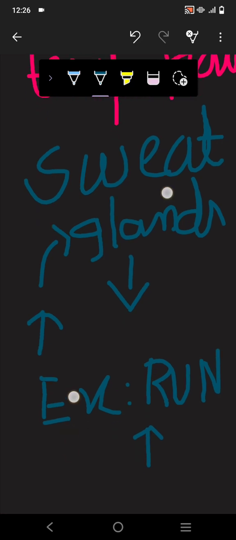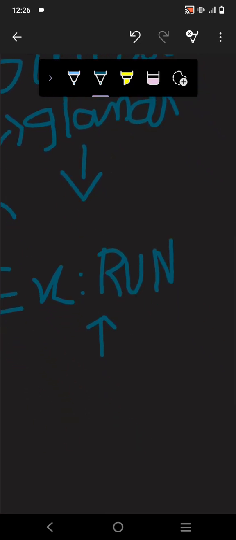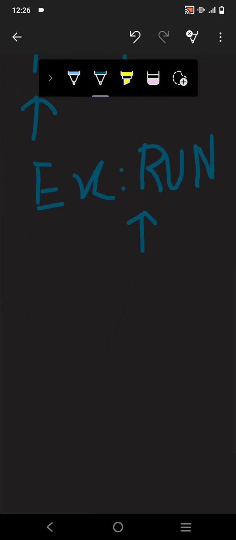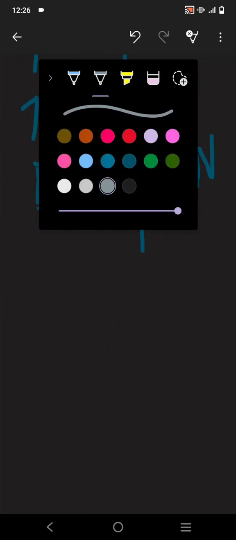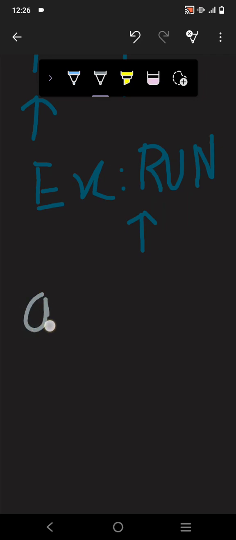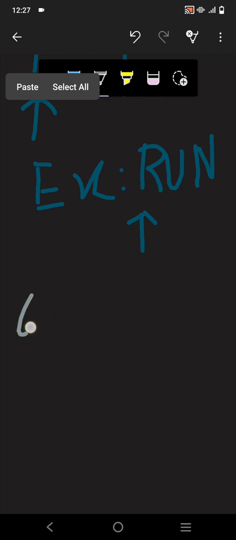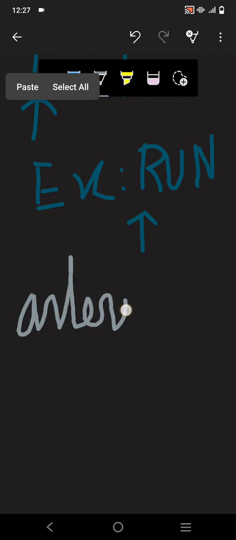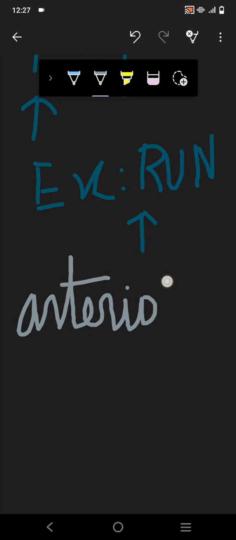Okay, so now I will tell you that it also contains the arterioles. It contains some arterioles. What is an arteriole? Let me write it. Arterioles. Okay, it also contains the arterioles.